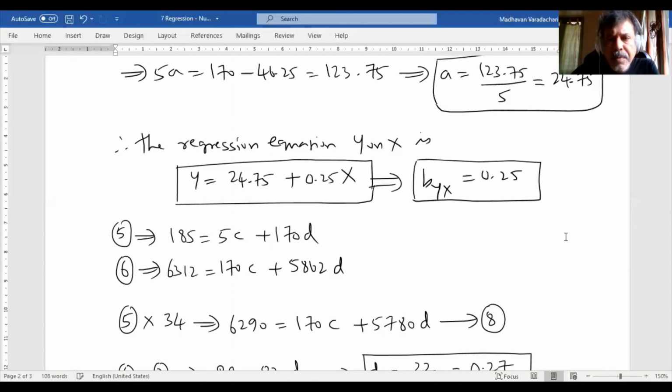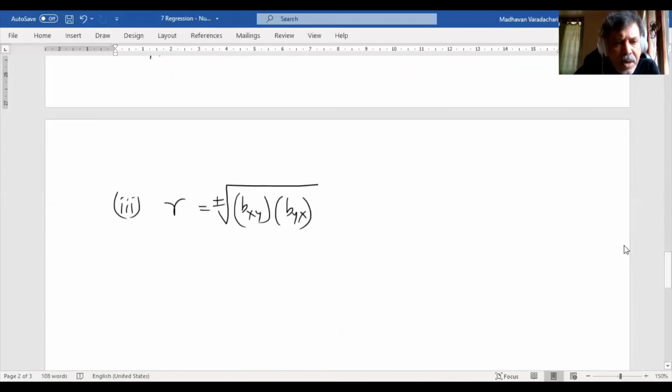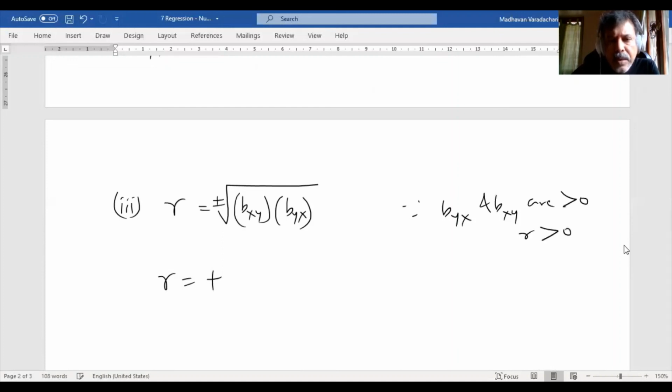Both the regression coefficients are positive. So our correlation also should be positive. Since byx and bxy are greater than 0, r also should be greater than 0.